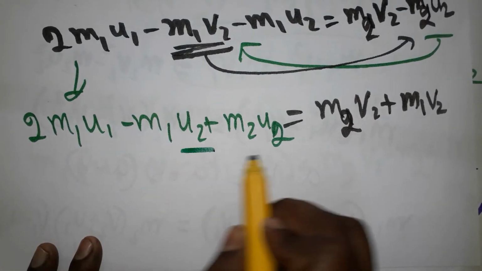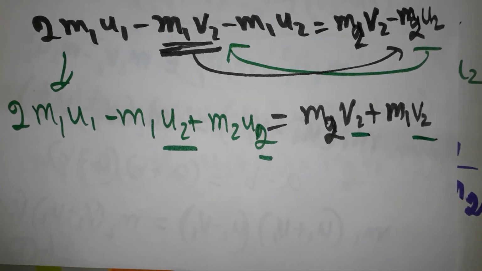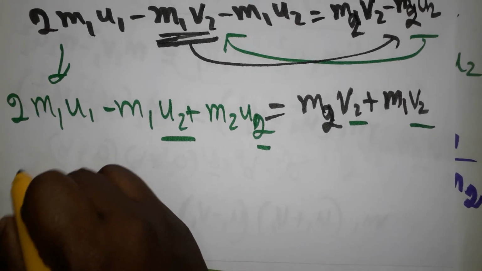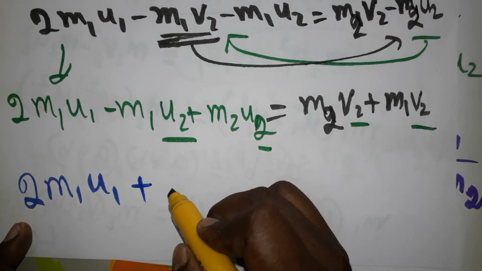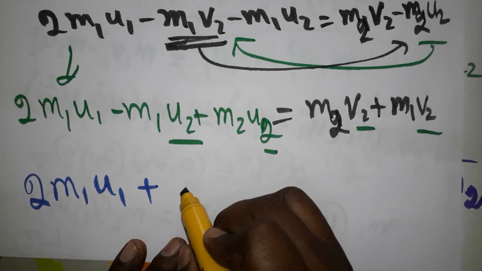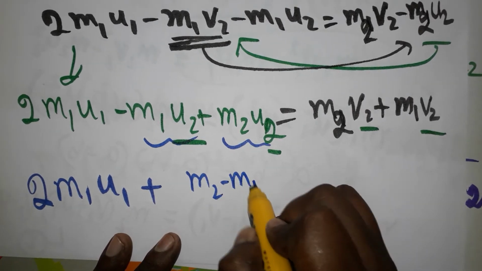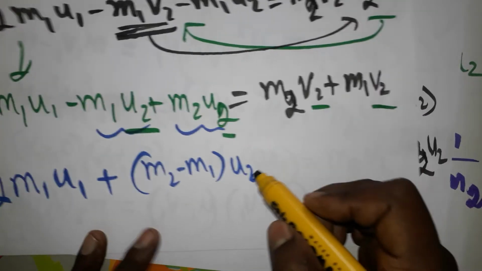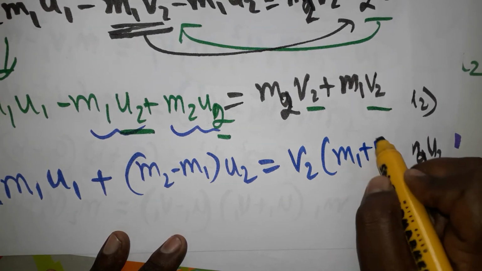Here u2 is common, you can take it outside, and v2 is common, you can take it outside. So 2 m1 u1 plus u2 (m2 minus m1) is equal to v2 (m1 plus m2).